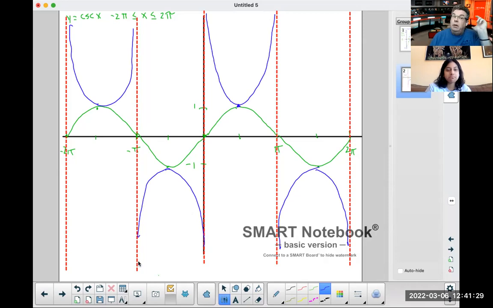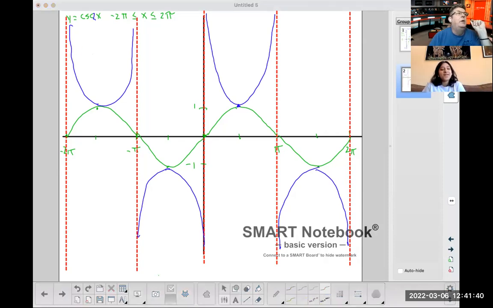Now, he could, like if it was cosecant 2x, look at the period of reciprocal trig functions.